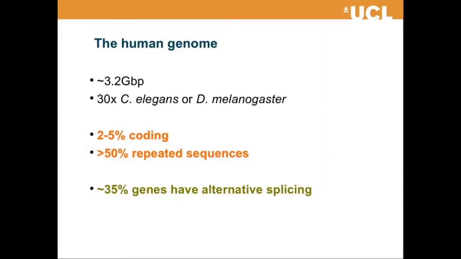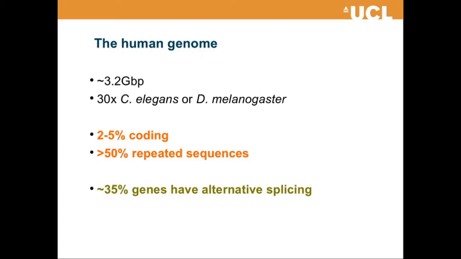As we said, the human genome is about 3.2 gigabase pairs, 3.2 billion base pairs. Now that's 30 times the size of something like C. elegans or Drosophila. But only around 2 to 5%, probably about 3% of that genome is actually coding for proteins.